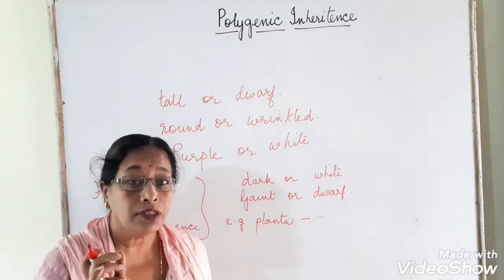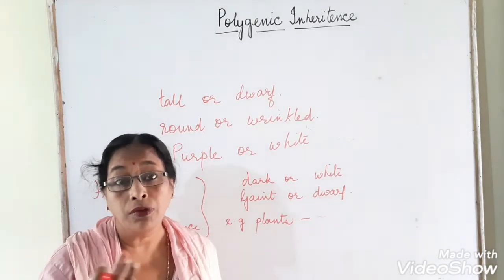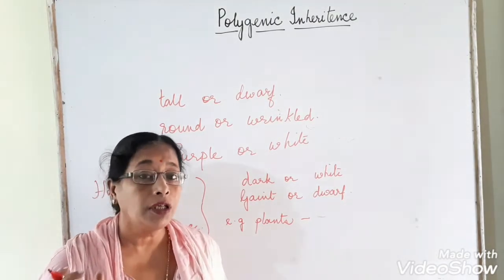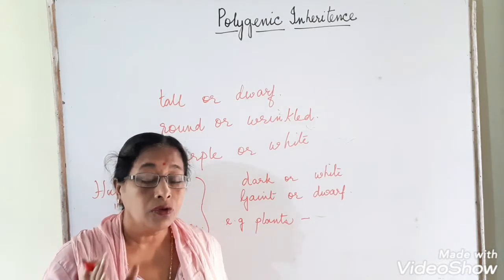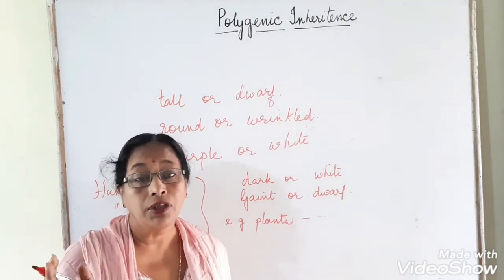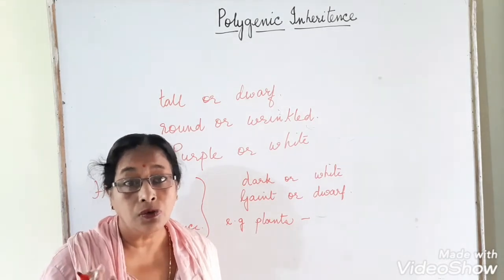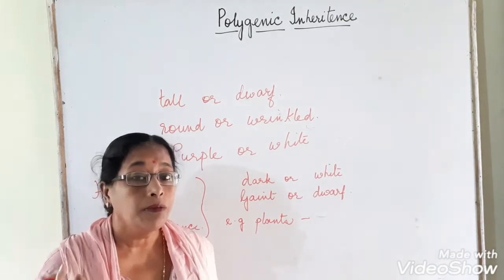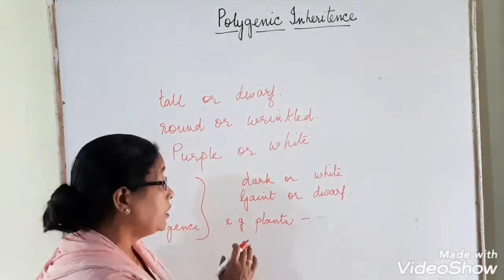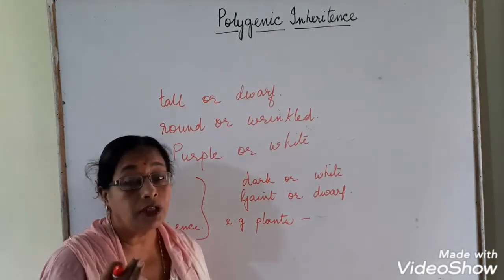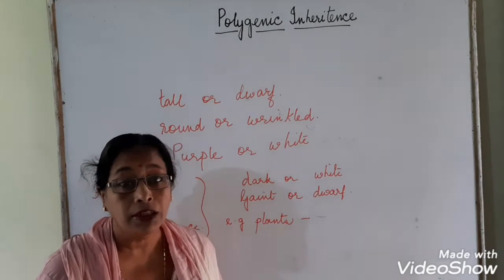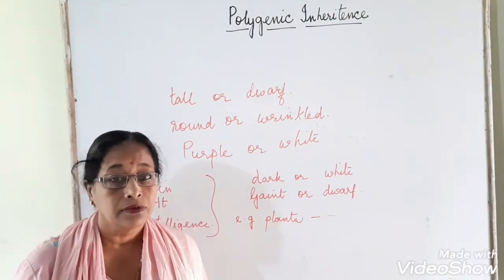The number of seeds is also variable. In some fruits, the number of seeds is more, in some it is less. So this also shows graded variation, which is controlled by many genes. So these characters are affected by multiple genes.